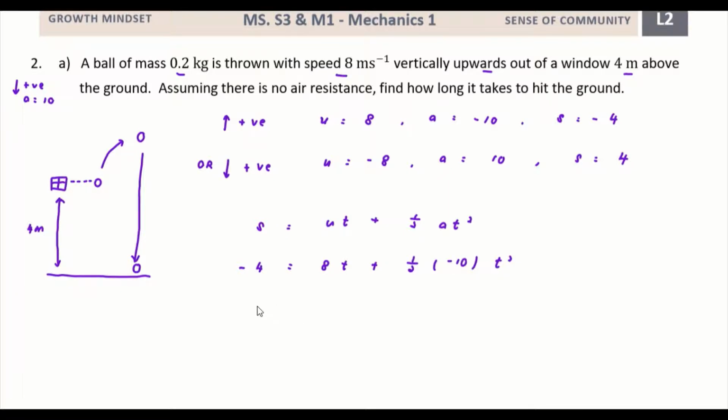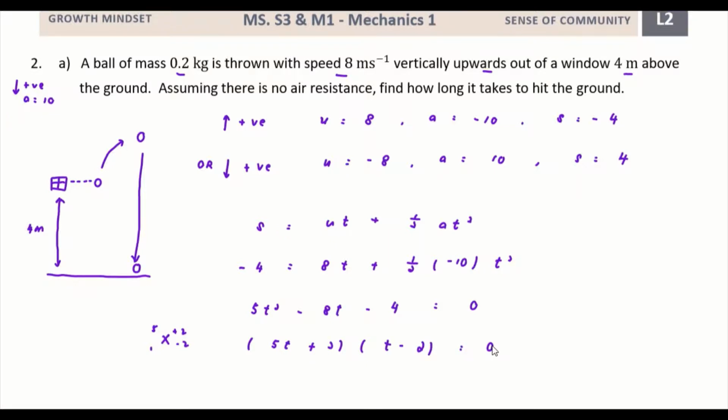When we solve it, we get a quadratic: 5t square minus 8t minus 4 is equal to 0. From here we can try to factorise, and we get 5t plus 2 and then t minus 2.